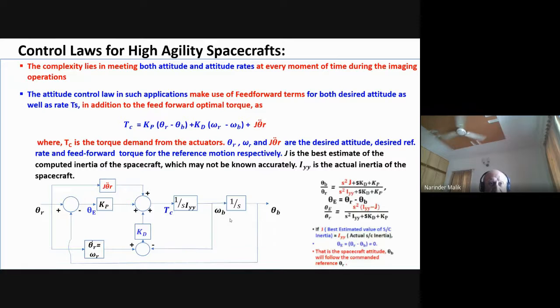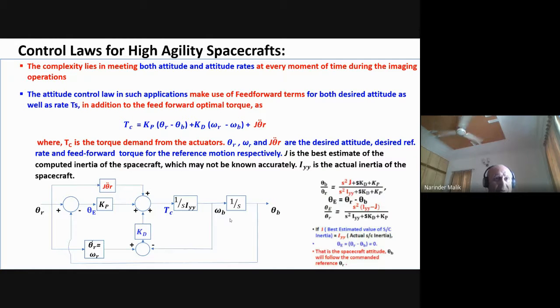Okay, now controllers for high agility spacecraft. Say high agility spacecraft, there are two things. The spacecraft is following a moving target or a stationary target with certain velocity and attitude rates and attitude angle at a given point of time.